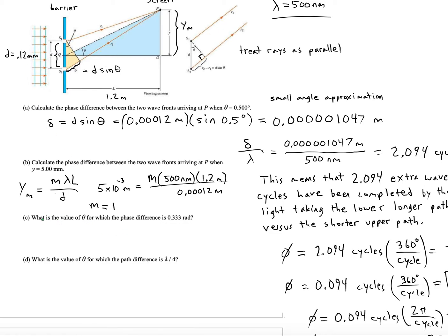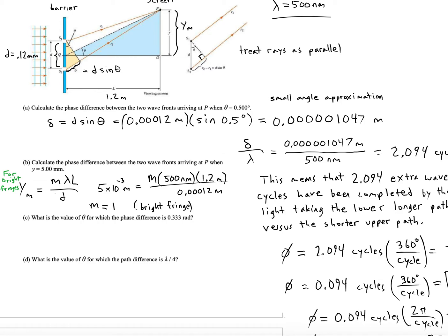Now keep in mind that this was the formula for bright fringes. And so since it is the formula for bright fringes, and we got an m of 1, that means that this is the location of a bright fringe.